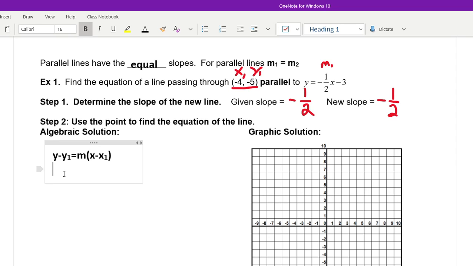Plugging in our values correctly, we have y minus a -5. A negative times a negative makes it a positive.